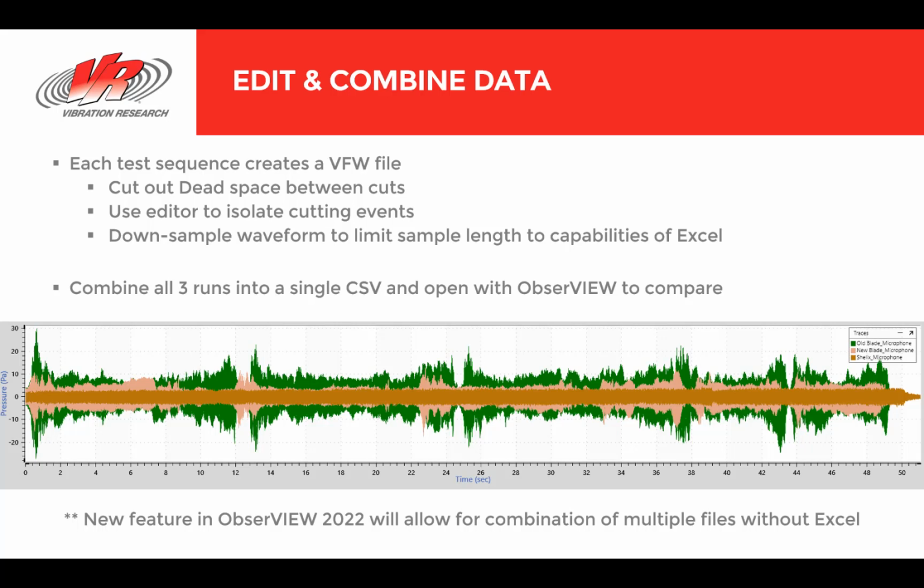Now with ObserVIEW 2022 that is set to be released soon, we will have the ability to overlay these files without having to use a CSV or to send it to Excel. So that's a new feature that will be coming out by early next year at the latest.